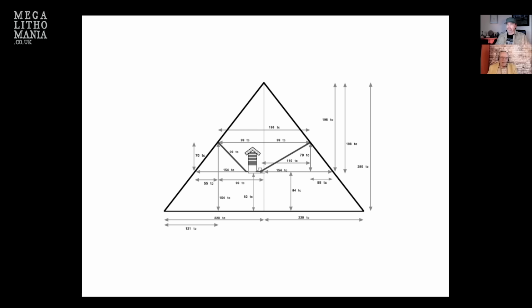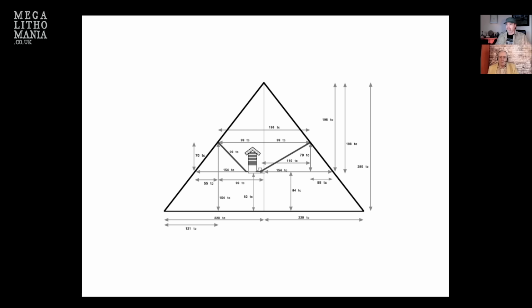But why were they there in specific locations? And why above the King's Chamber do we have all of these smaller chambers? Obviously, on this diagram they're upside down, but these are known as the relieving chambers, and they serve absolutely no purpose. They were called relieving chambers because people thought they were relieving stresses on the top of the King's Chamber, but of course they're doing no such thing.